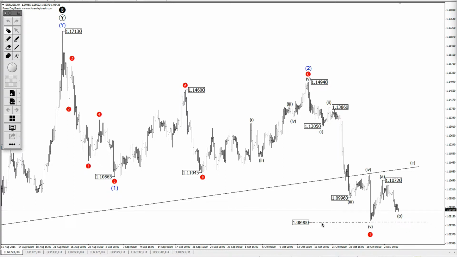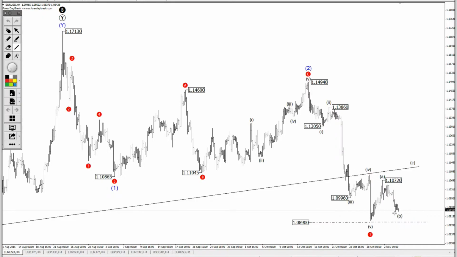So if we go through this 108.9 level and continue lower, we might have started the next leg lower. But I'm expecting more upside since I don't think this correction is over. I think this is just the B wave of this ABC corrective form.